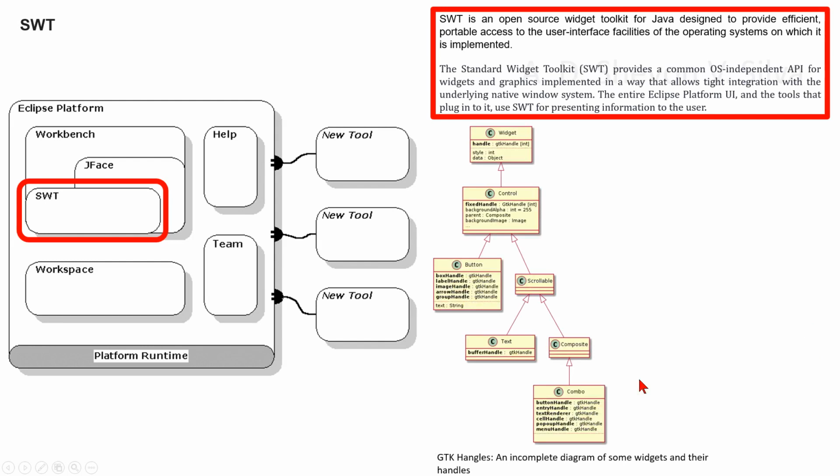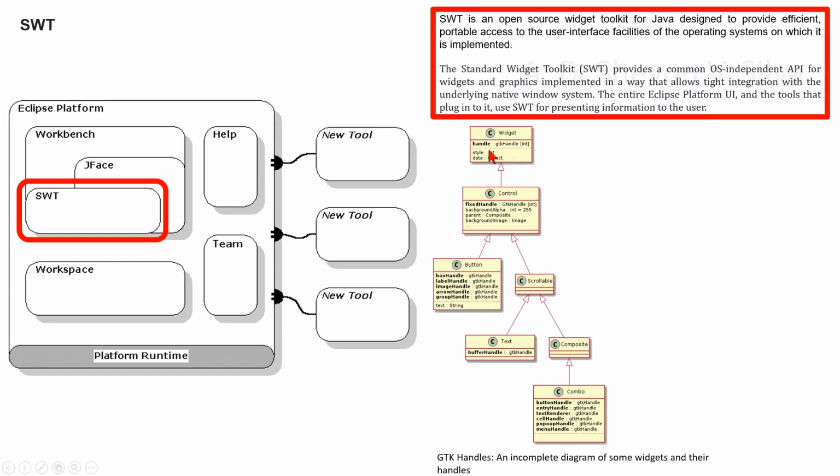Here we are considering an incomplete diagram of some widgets and their handles in GTK handles. GTK handles are basically GTK pointers to the widgets. When you first look at a widget, you generally first look at the handles that are defined in the widget.